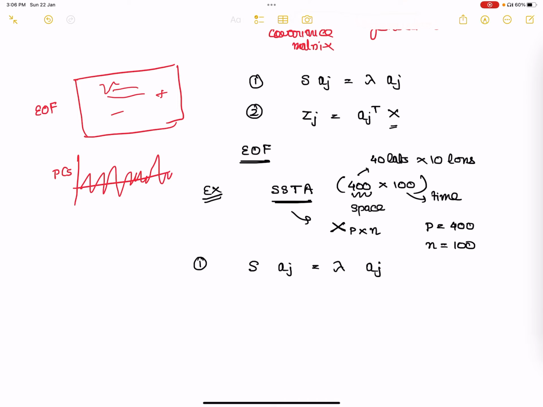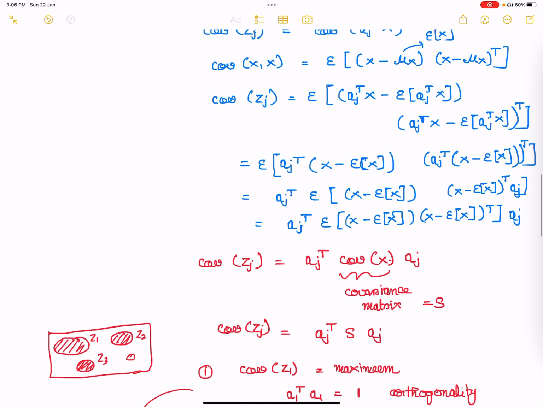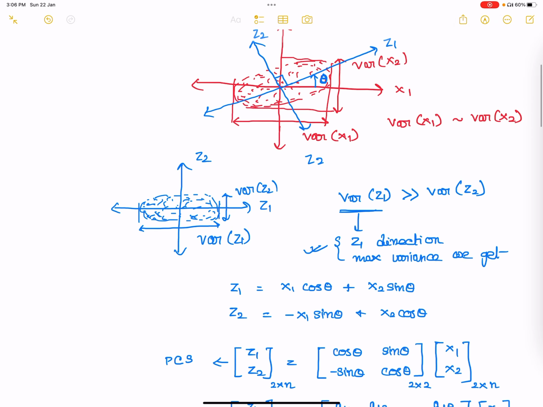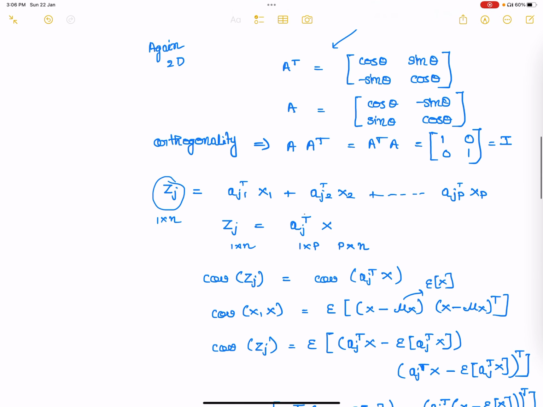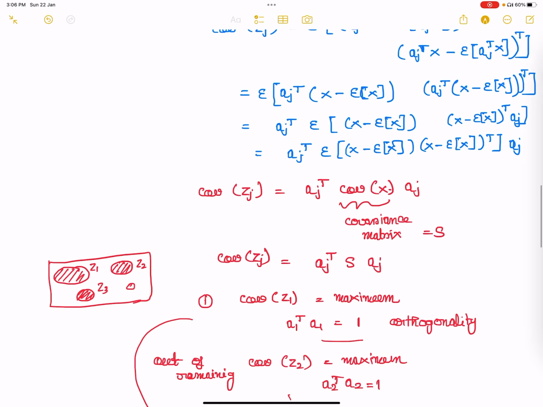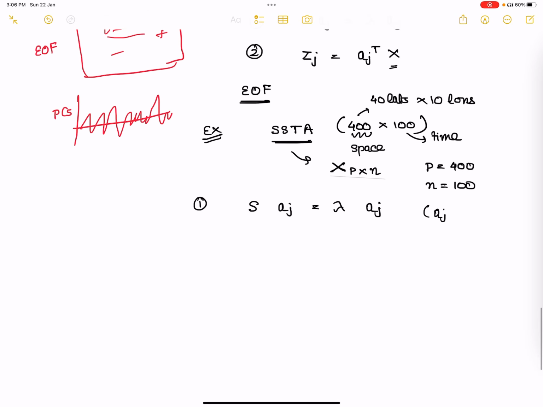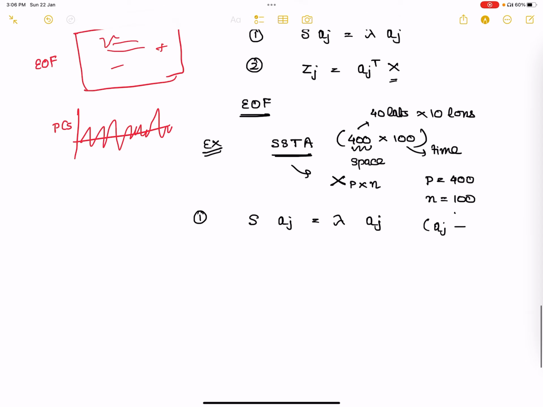I already know that aj transpose is 1 by P, so aj will be P by 1. This is also P by 1.